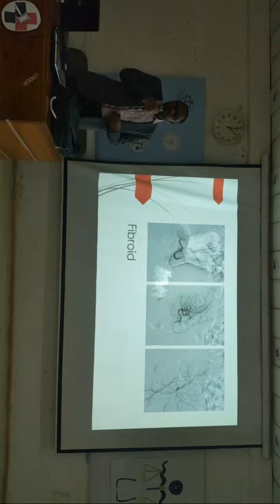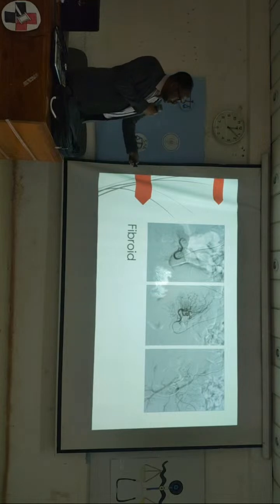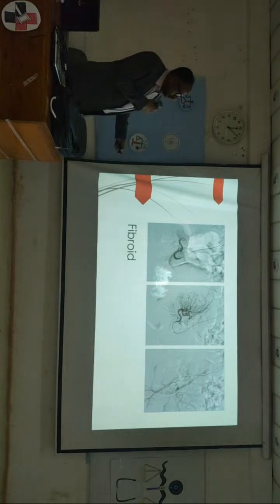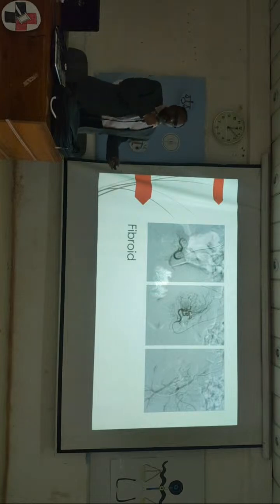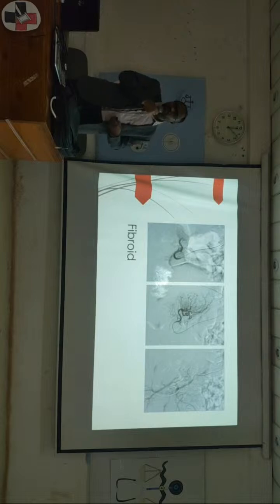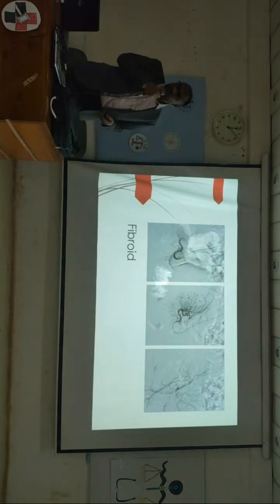fibroid, we can go directly by catheter and wire to the uterine artery, and then selectively we go to the feeders of the fibroid, and we embolize and occlude the vascular bed of the fibroid, and bleeding and menorrhagia symptoms will disappear, and also there is reduction in size of the fibroid.